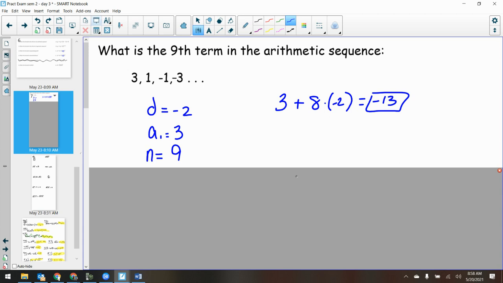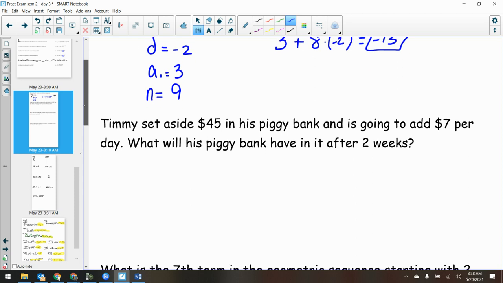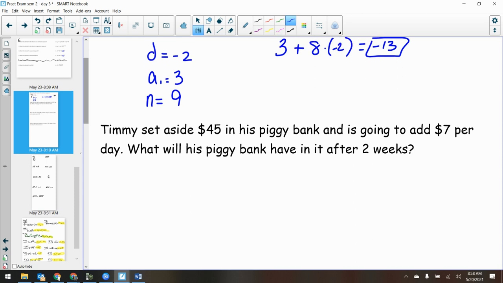Let's do a different problem here. Timmy sets aside $45 in his piggy bank and is going to add $7 per day. What will his piggy bank have in it after 2 weeks? Okay, so this is arithmetic. How do I know that it's arithmetic? This word right here. I'm adding each day. His starting value is 45, plus an additional $7.